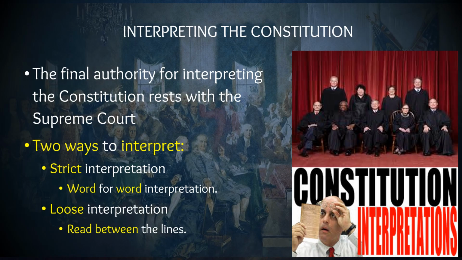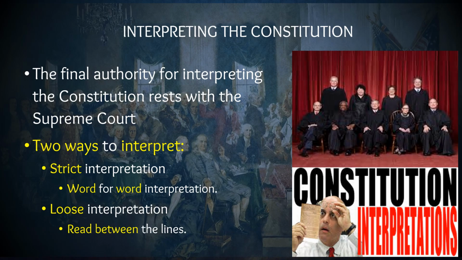All right, interpreting the Constitution, guys. The Supreme Court is the final authority, or the final say, in interpreting the Constitution. It's their main job. And there are two ways to interpret the Constitution. There is a strict interpretation, where it's word for word: that's what it says and that's what it means. And then there is a loose interpretation, where you read between the lines.